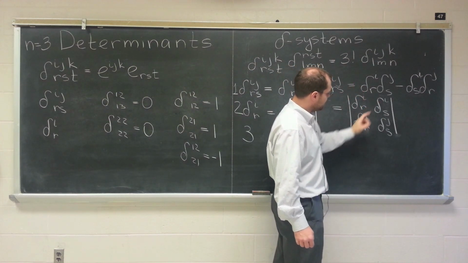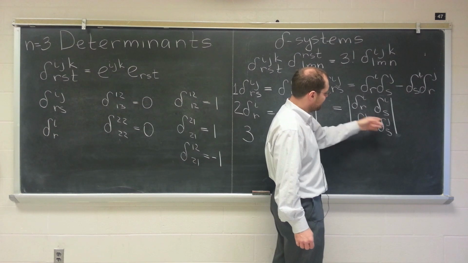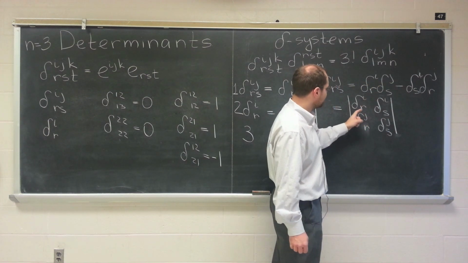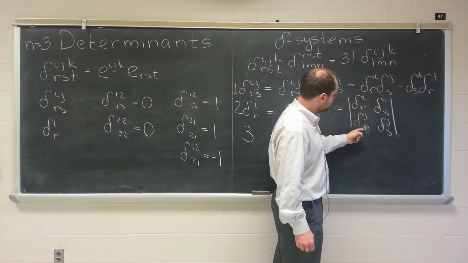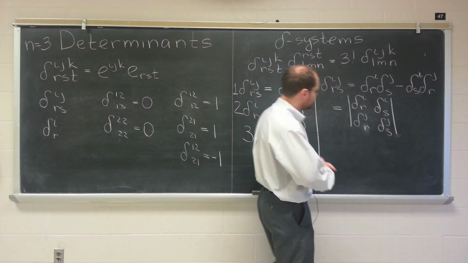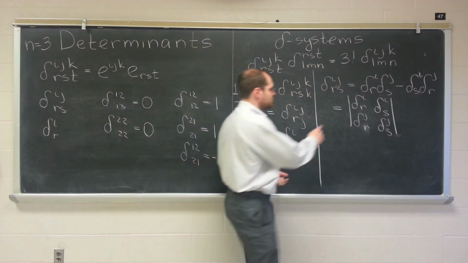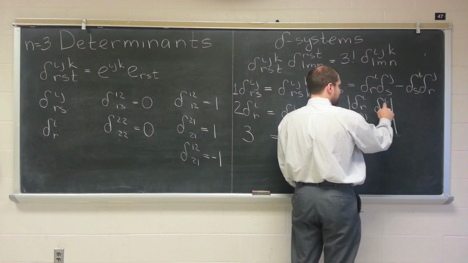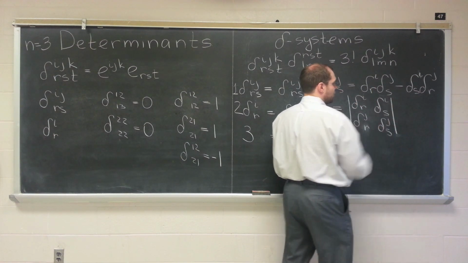So in the first row, they're both I, in the second row, they're both J, and the second index is responsible for the column they're in. So the first column corresponds to R, and the second column corresponds to S. And of course, we have delta IR, delta JS, minus delta IS, delta JR.